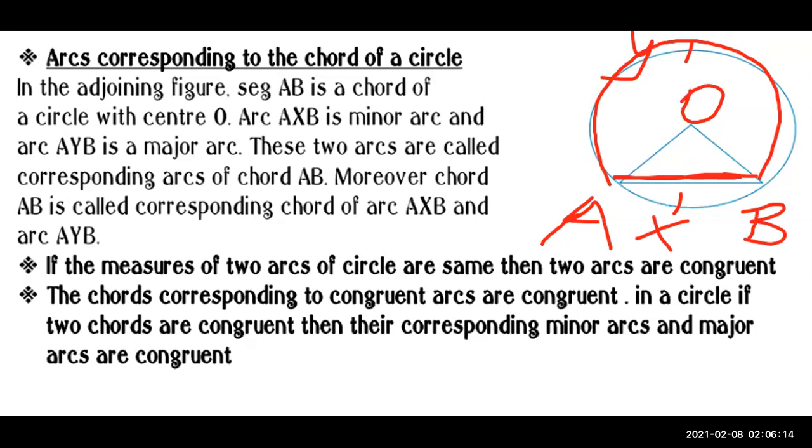In a circle, if two chords are congruent, then the corresponding minor arcs and major arcs are also congruent. In two circles, if the chords are congruent, then the minor arcs and major arcs will also be congruent. If the minor arc is 7, the major arc should also be 7, so they will be congruent.